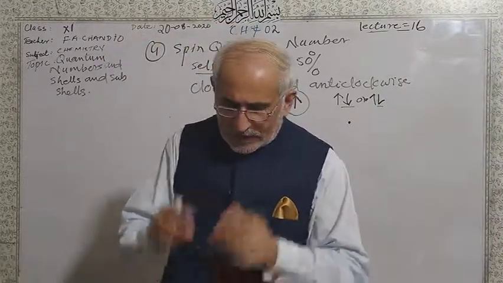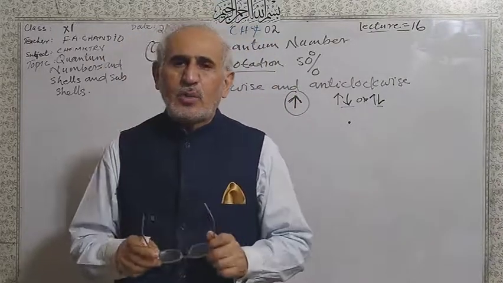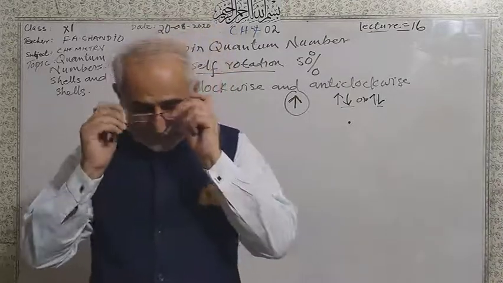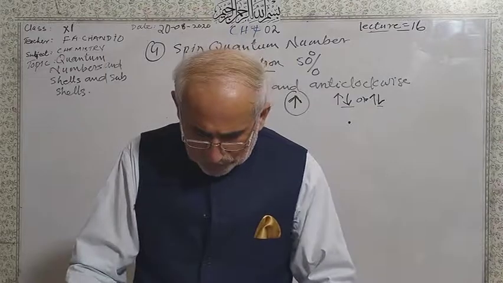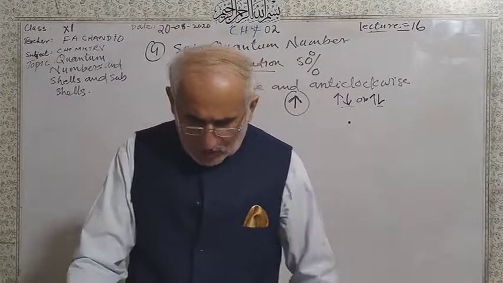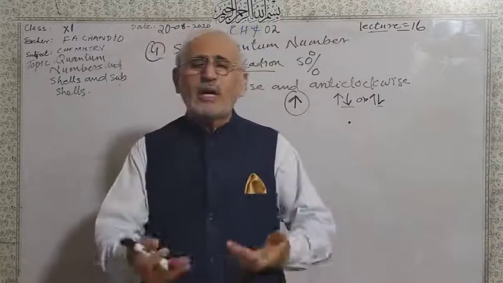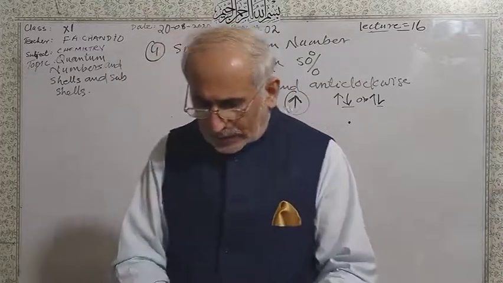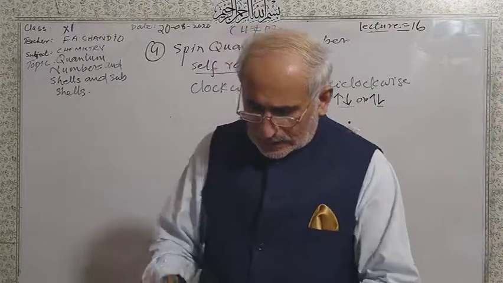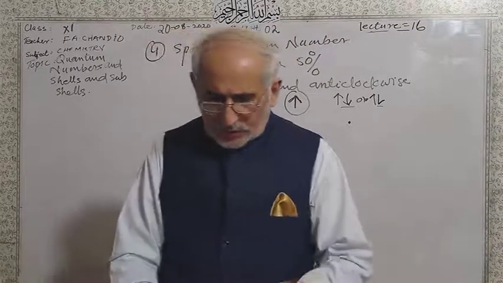This is the same definition given according to Bohr's atomic model: the circular path where electrons revolve. An atomic orbital is a cloud showing the probability of finding electrons, a charged cloud around the nucleus. We have already done the atomic orbital, so I will not repeat it.